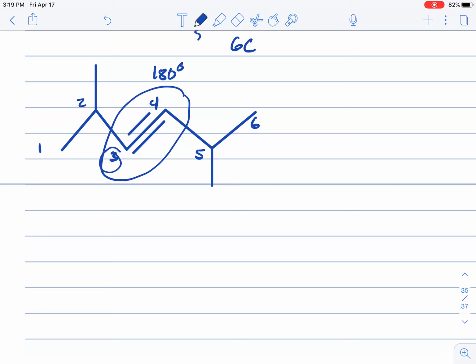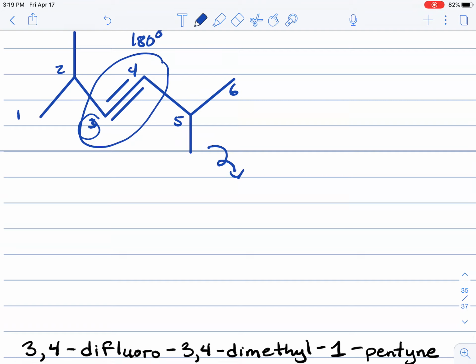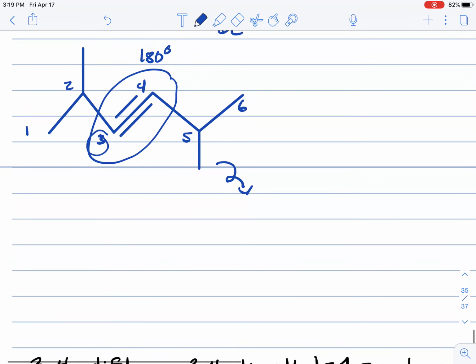All right, so we're going to go ahead and translate this such that the resulting compound has the correct geometry. So here I have 1, 2. Okay, so 1, 2 doesn't really change.